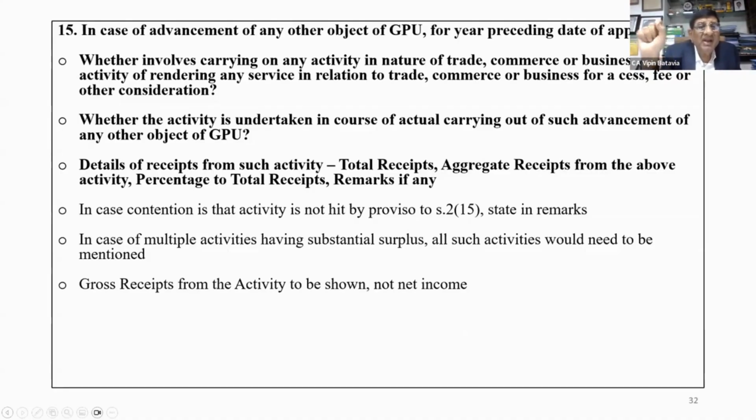Here, what I said earlier, an incomplete form will be better than a false or incorrect form. I will not say in detail what I mean, because incomplete can be corrected later on, can be submitted, and can be cured in the given time.